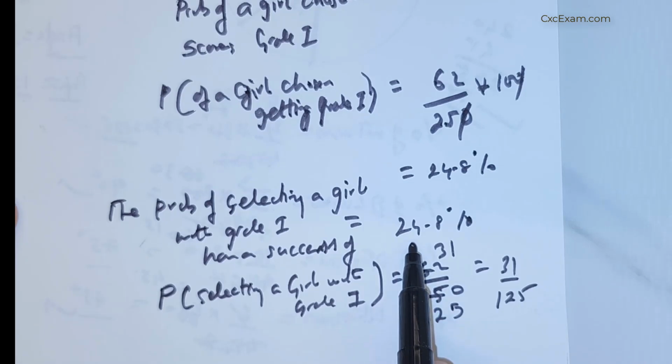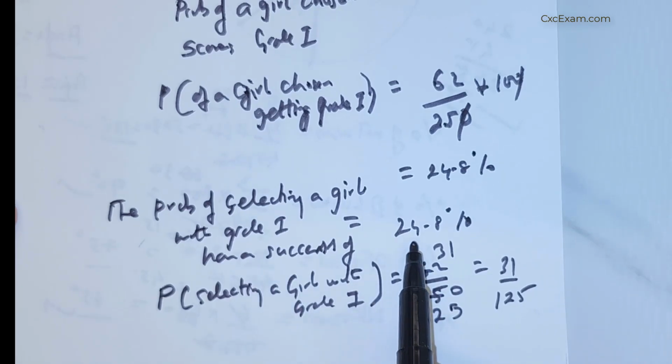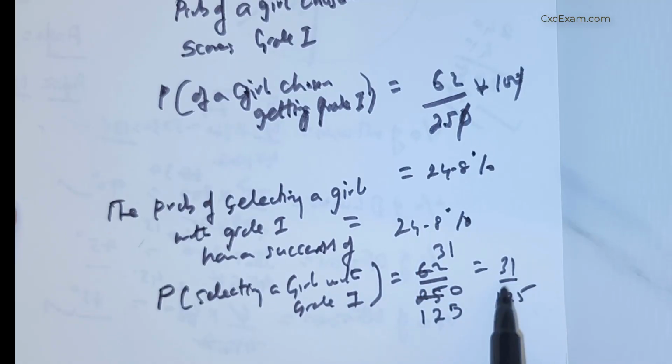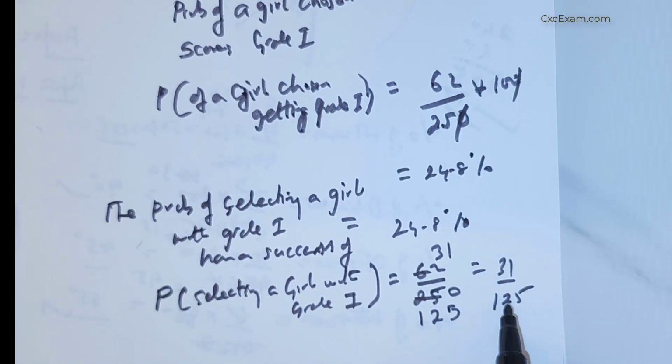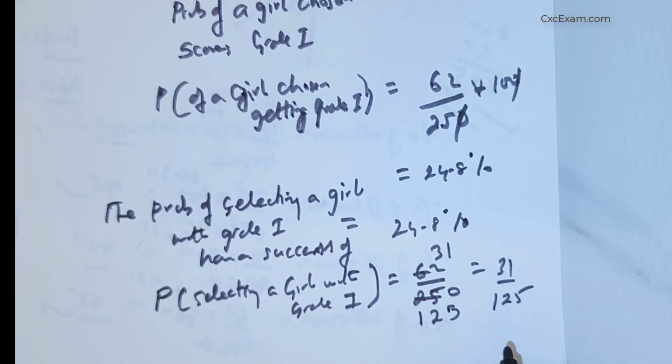So what I've done here is I've given you 2 data points. Now there's a lot of difference between giving the value in percentage 24.8 and giving the value like this, 31 over 125. Now if you were to be provided with this information, your visualization is limited. But if you were to say the probability of selecting a girl with grade 1 as a success of 24.8%, it means this visualization is totally different.